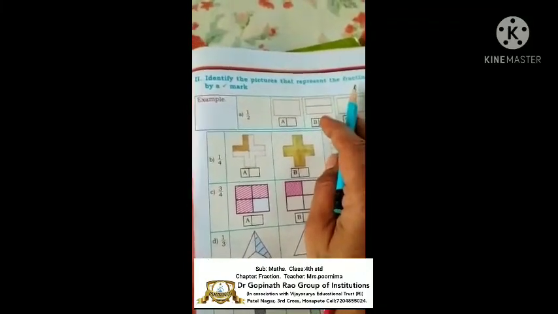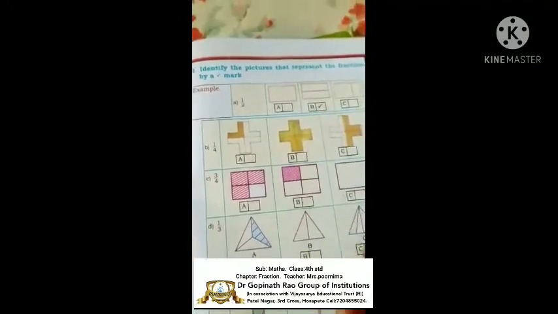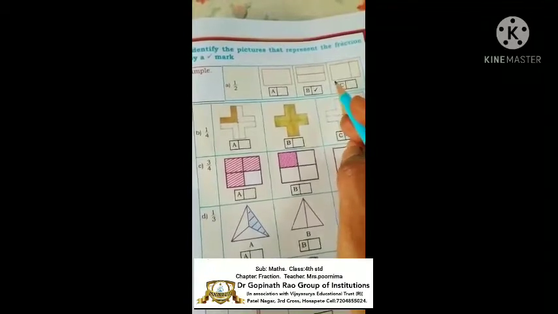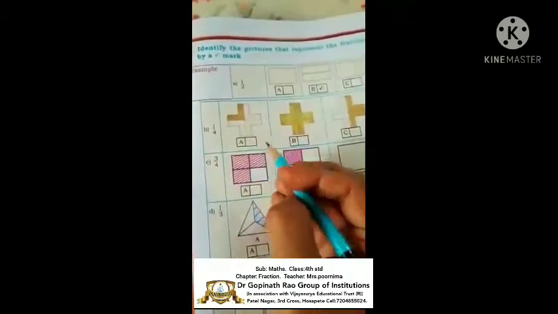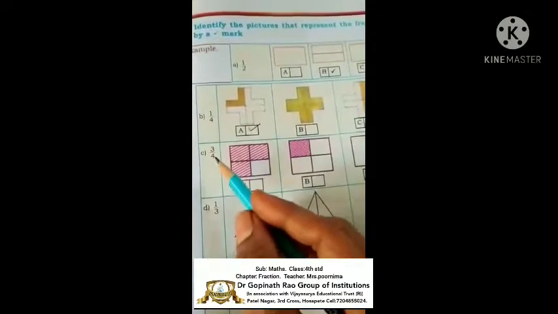Now in the same way, identify the pictures that represent the following fraction by ticking. It is given 1 by 2. We have 2 partitions, one box, 2 partitions. Here is correct. 1 by 4, 3 by 4.